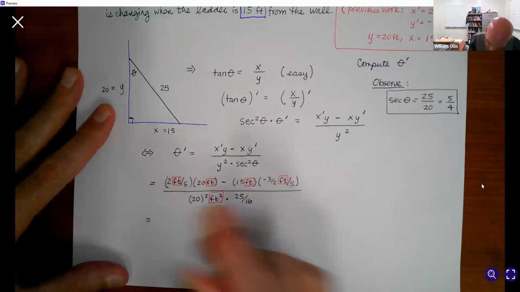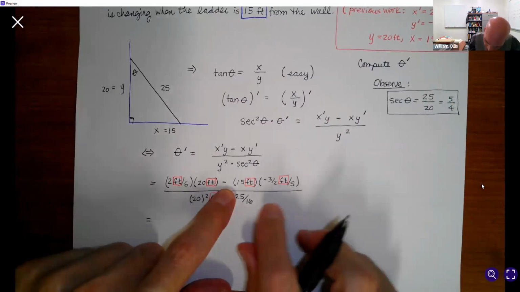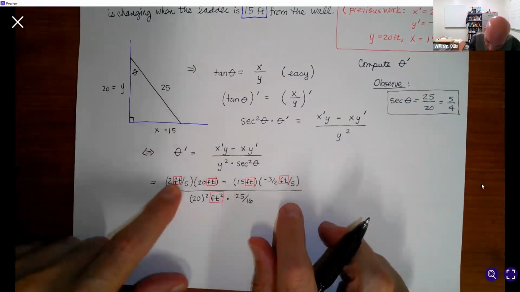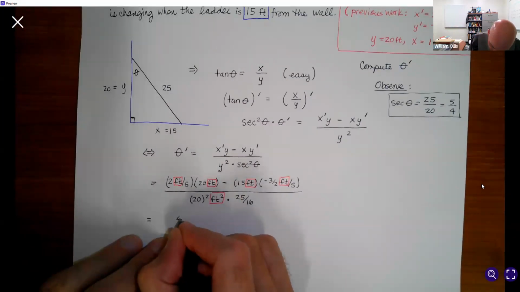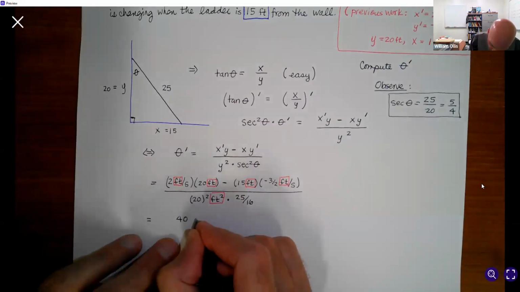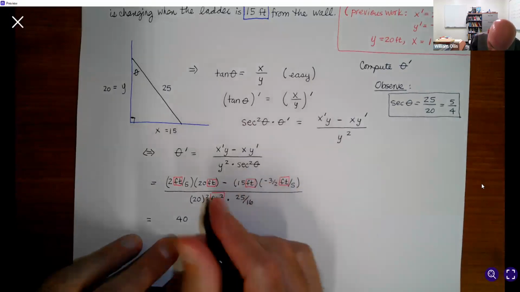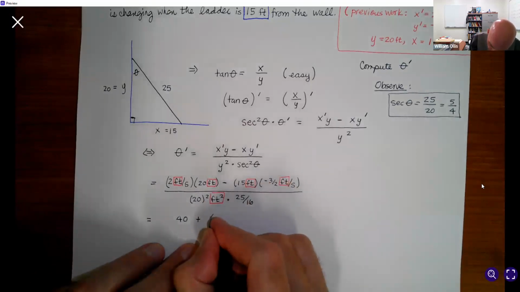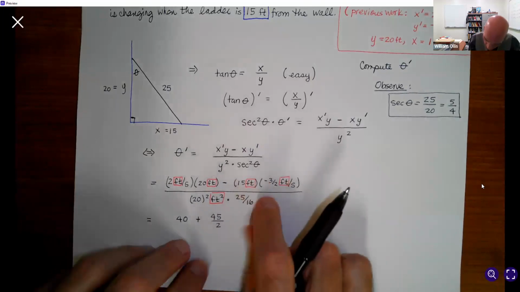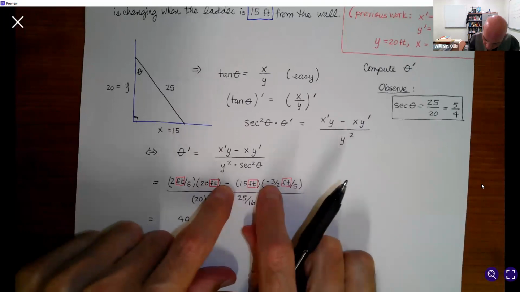So now if you look at this, we can do the same type of calculation as before. We've got a 40. And then we have, of course, minus, so this is plus. We have a 45 over 2. So 45 over 2, the negatives absorb.